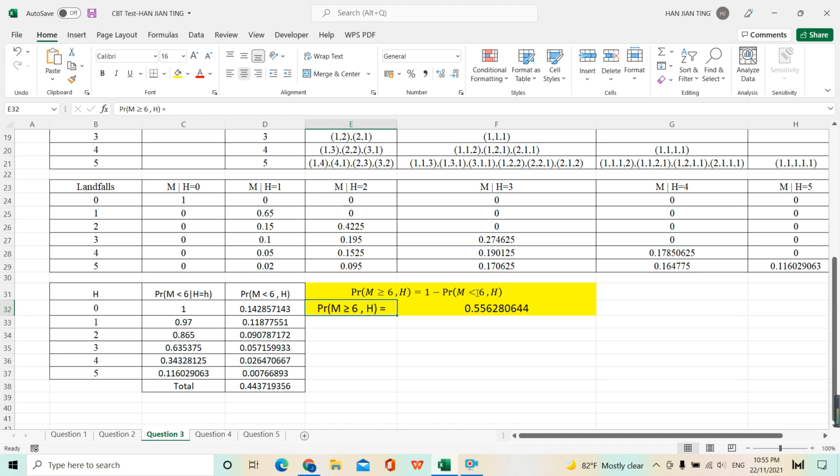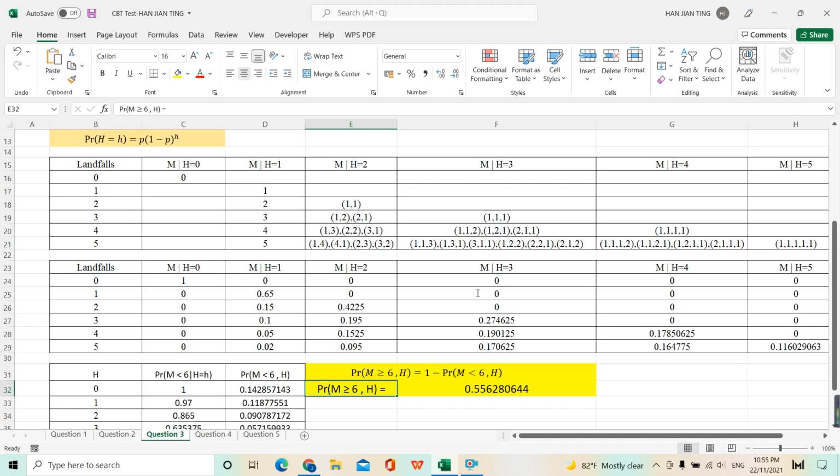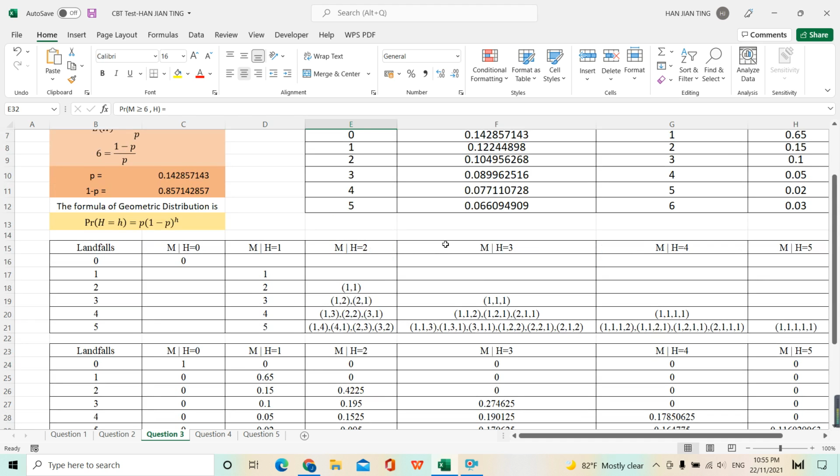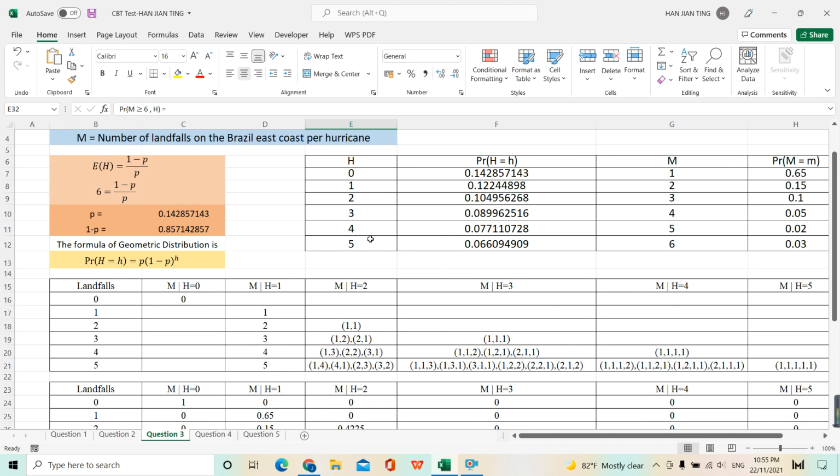The probability of m less than 6 is the probability of m equal to 1 plus the probability of m equal to 2 plus until the probability of m equal to 5. So we just find until 5 only. And this is the probability of m, which the question gave.